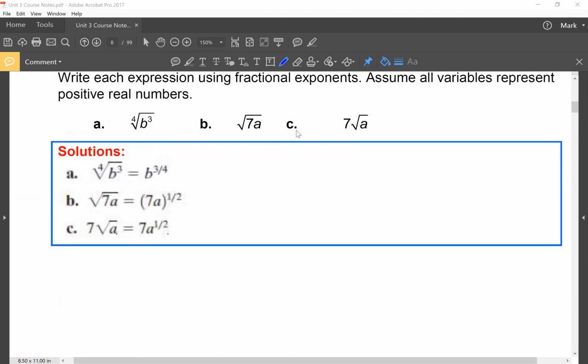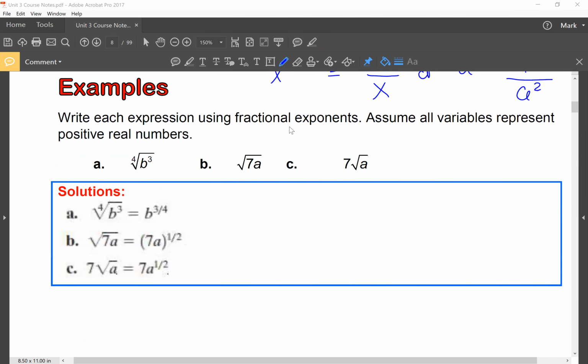These examples are going in the other direction. We're going to write each expression using fractional exponents. So for this one, we have the 4th root of b cubed, so this would be b to the 3/4. For letter b, if you just see a root and you don't see a 2, this means there's secretly a 2 there.